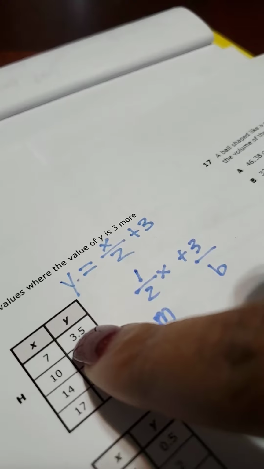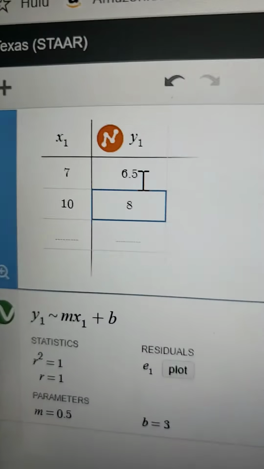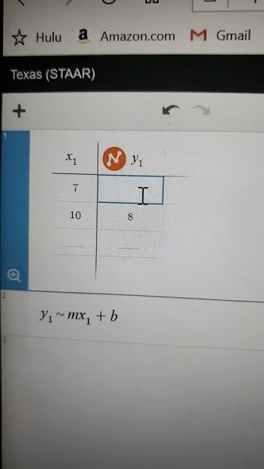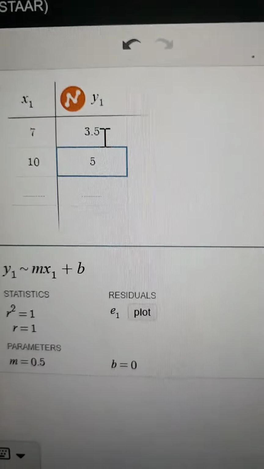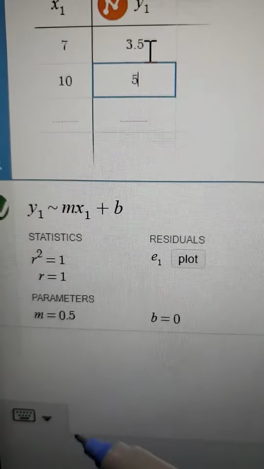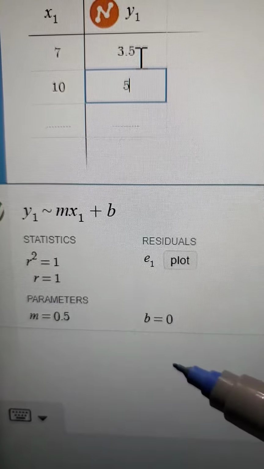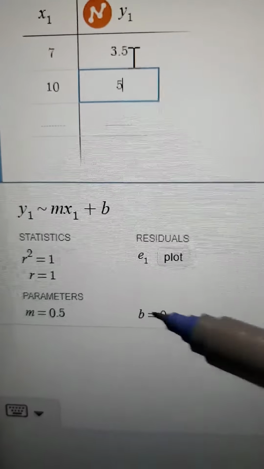Let's try H, where 7 is 3.5 and 10 is 5. Okay, 3.5 and 5. This one gives me a slope of 1/2, but a y-intercept of 0. So H is wrong.